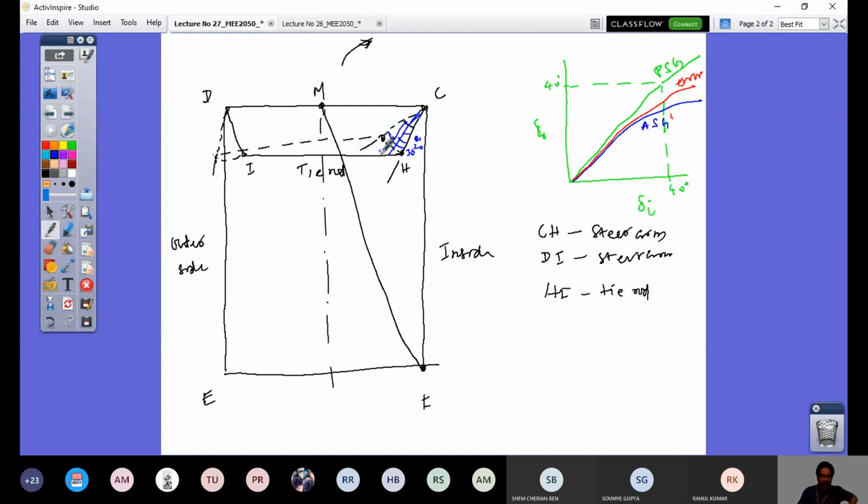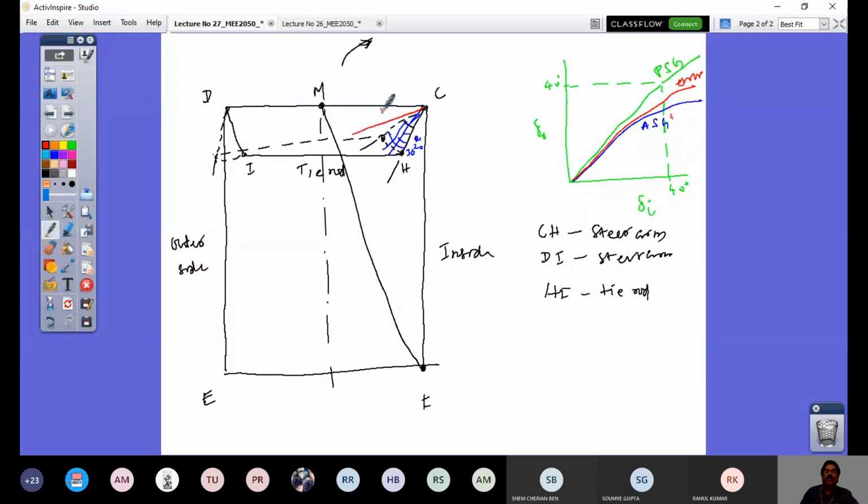Now, how am I going to get this? I have to locate my point Q. Is it lying over here? What does Ackermann steering geometry say? I will have my steer wheel angle delta naught on this side and delta I on this side. If I plot this 30 degrees from here, I produce a line which is 30 degrees from here.